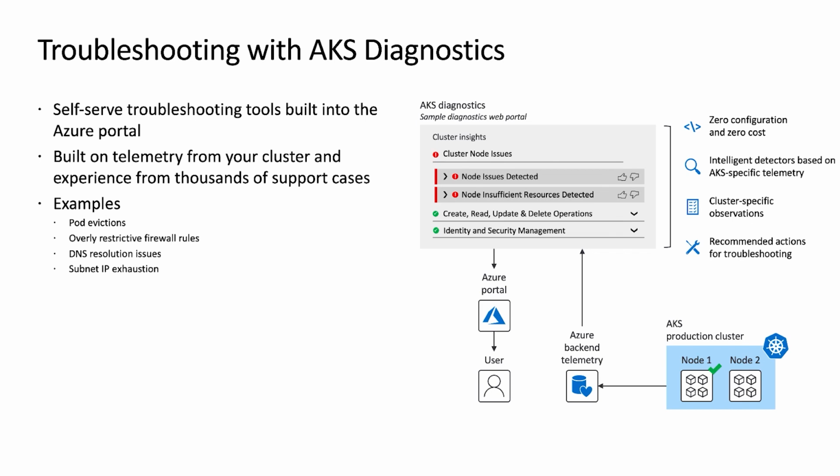So a few of the examples that you'll see in that diagnostics experience today are around pod evictions, very restrictive firewall rules, which is a common source of issues in terms of how the cluster operates, issues with DNS resolution, subnet IP exhaustion. There's a whole series of additional checks that we perform against the cluster.